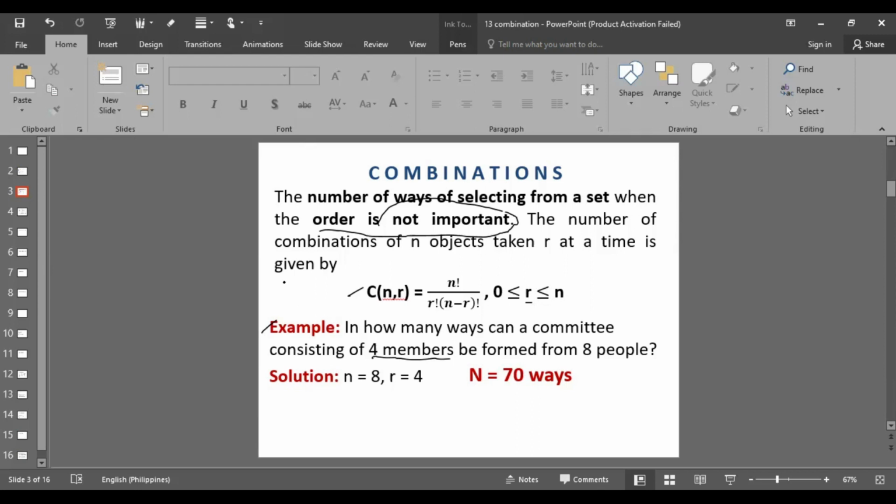So let's try this. Ilang ways daw pwedeng makabuo ng 4 members na committee from 8 people. So let's use the formula.